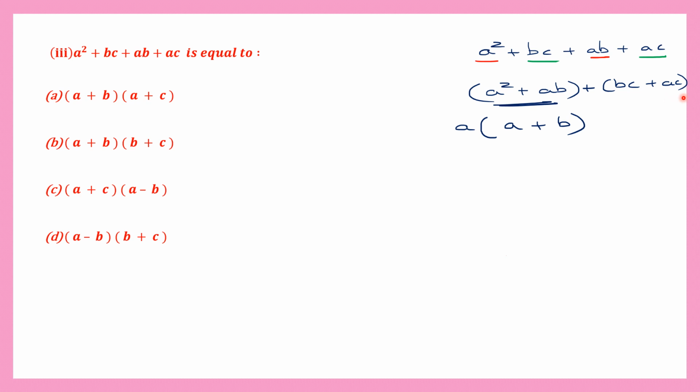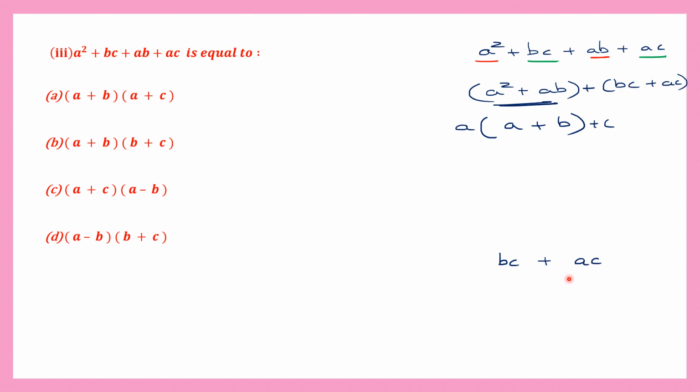Now let's look at the second part. Here we have bc plus ac. What is common? c. c is common, isn't it? So let's write that. So I'm going to write plus c. Now again, we can take this binomial bc plus ac, and divide both by c, because I've taken that out as common.